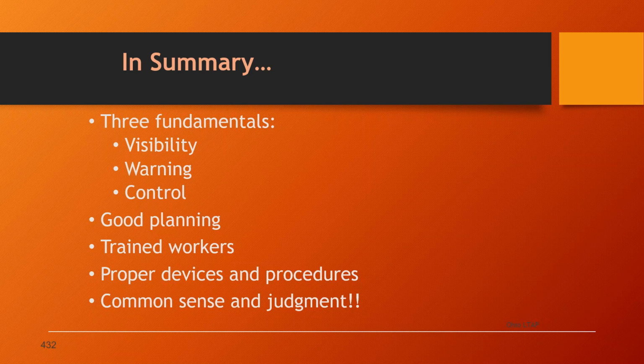So in summary, again, we need to use our 3 fundamentals that most of these are always shown in the typical applications, but it's visibility, warning, and control. When we talk about visibility, it's the workers' apparel. Make sure they have the proper apparel on, and make sure the devices are not the old devices that are faded and non-retro reflective.